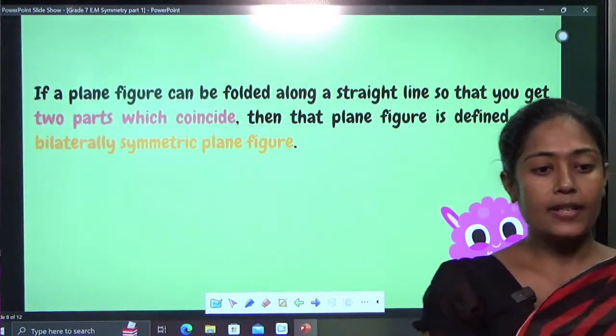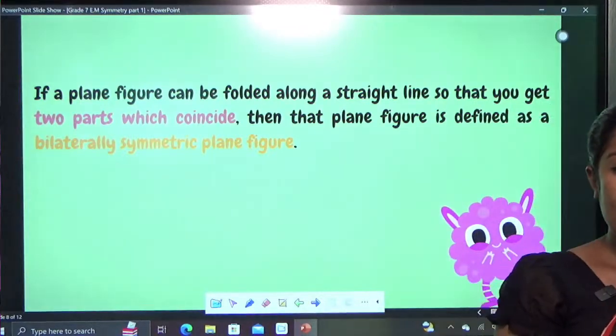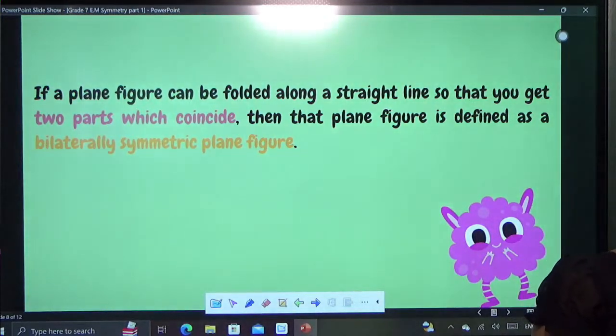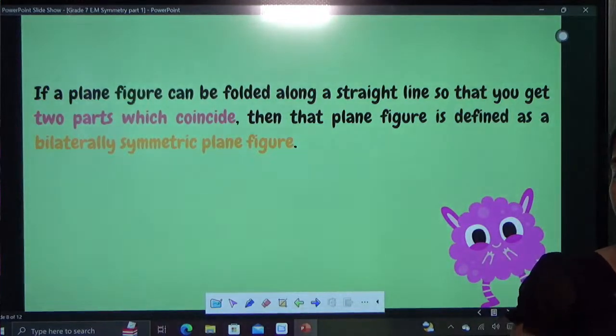If a plane figure can be folded along a straight line so that you get 2 parts which coincide, then that plane figure is defined as a bilaterally symmetric plane figure. Right?